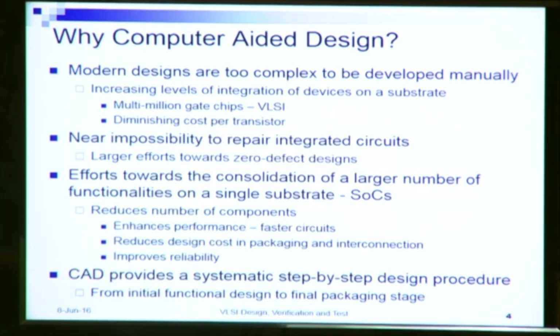If you see, as an example of this trend towards SoCs, we can take the example of a mobile phone. Today's mobile phones have processors within them. Obviously, a mobile phone will require a processor, and it will most probably be a reduced instruction set architecture RISC processor.